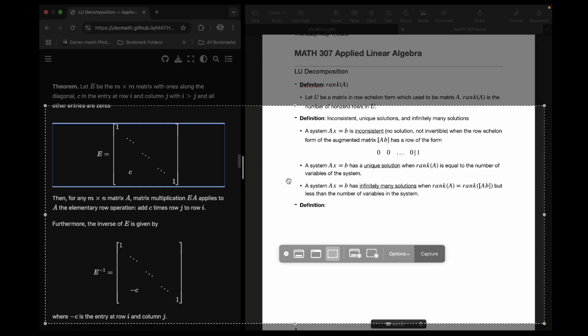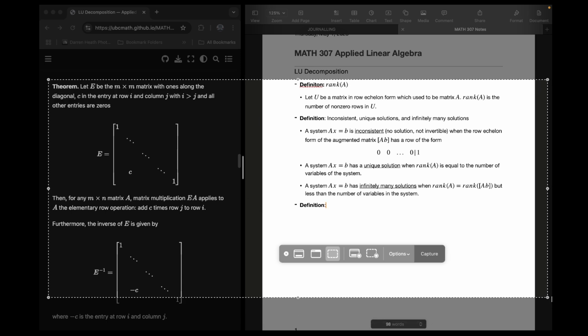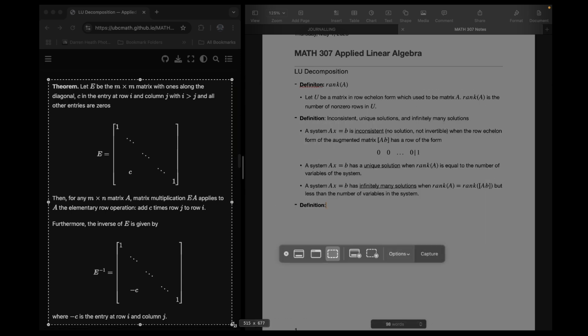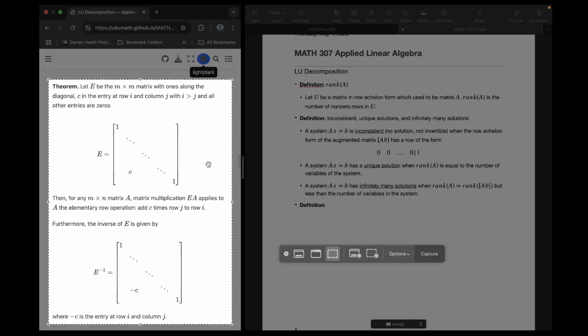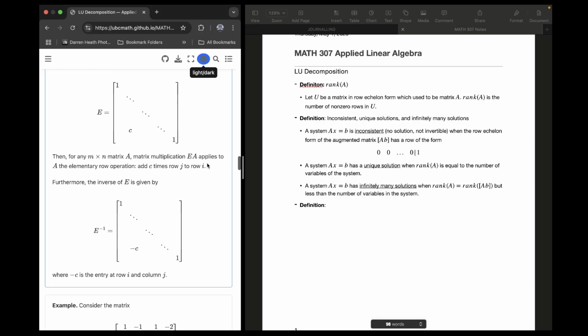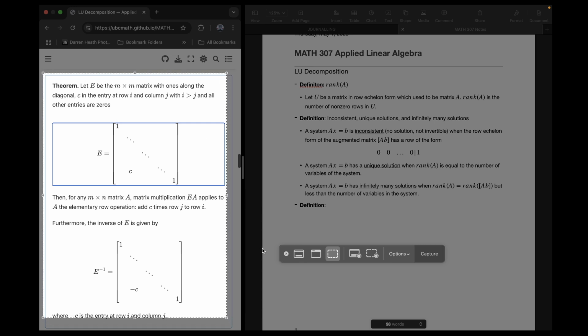Yeah, I'm gonna just screenshot this one because I am not typing out these matrices. Do this. Nice. Sweet theorem.